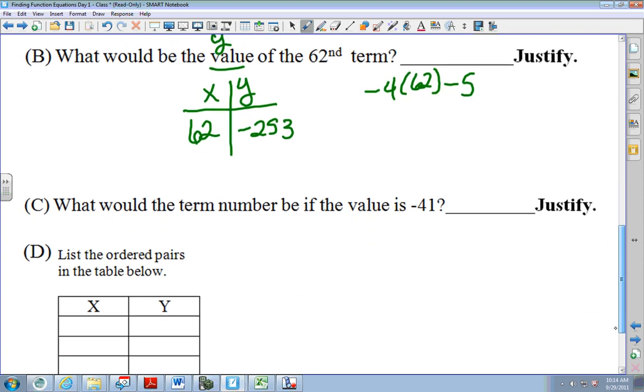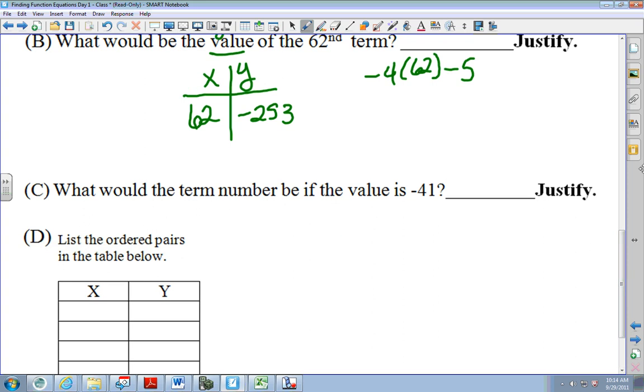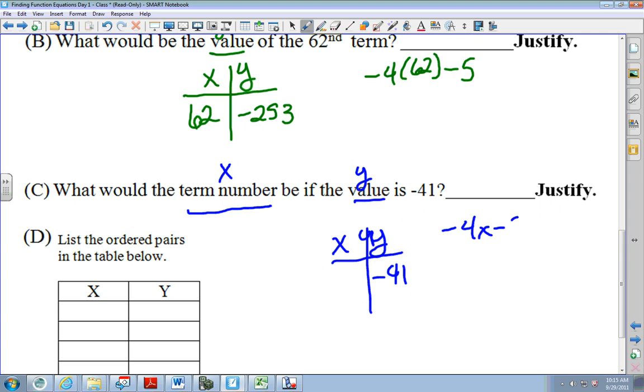Next, just another problem: what is the term number? What is the x when the y is negative 41? Well, I can do this by hand with negative 4x minus 5 equals negative 41. Then you solve this equation.